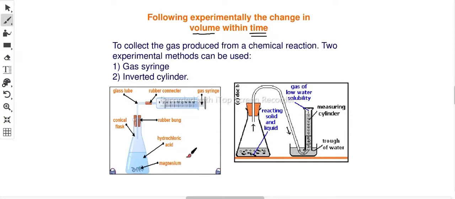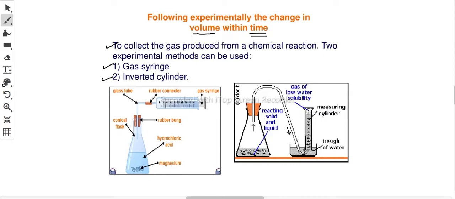If you want to go to the lab and apply this on the change in volume, what are the two possible different experiments that can be used? To collect the gas produced from a chemical reaction, two experimental methods can be used. The first one is the gas syringe. The second one is called the inverted graduated cylinder.